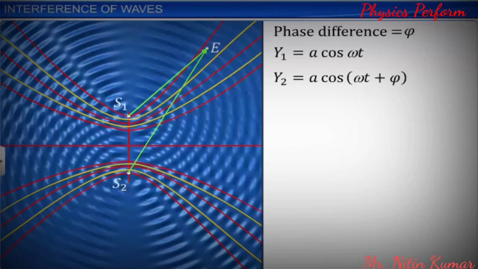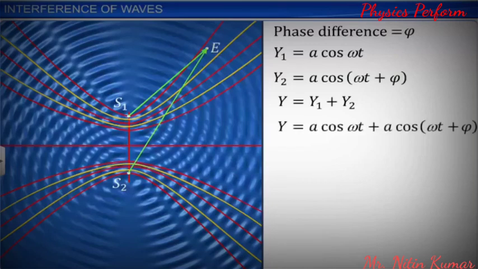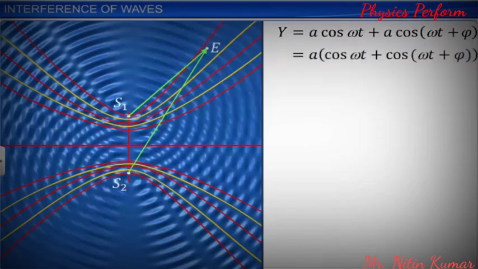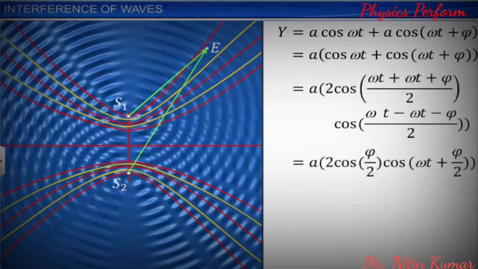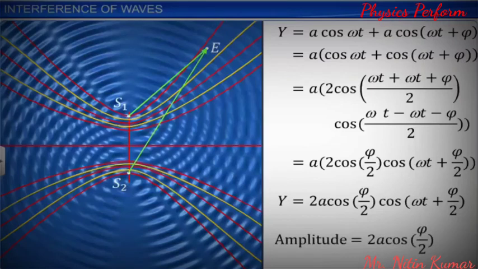The resultant displacement at E will be y equal to y1 plus y2. Substitute the values of y1 and y2 in the above equation. On further simplification, we get y equal to 2a cos(phi by 2) into cos(omega t plus phi by 2). The amplitude of the resultant displacement is equal to 2a cos(phi by 2).